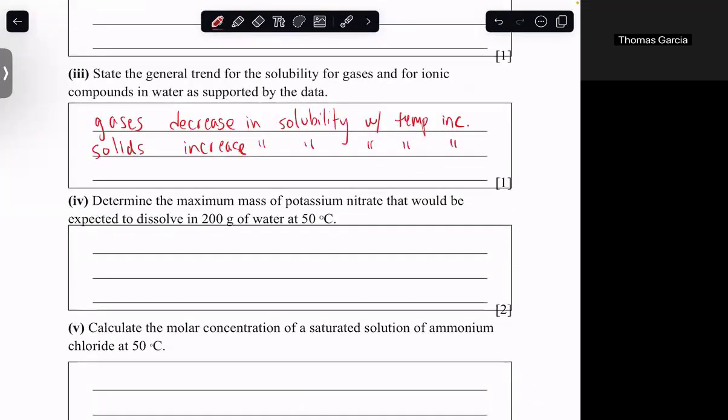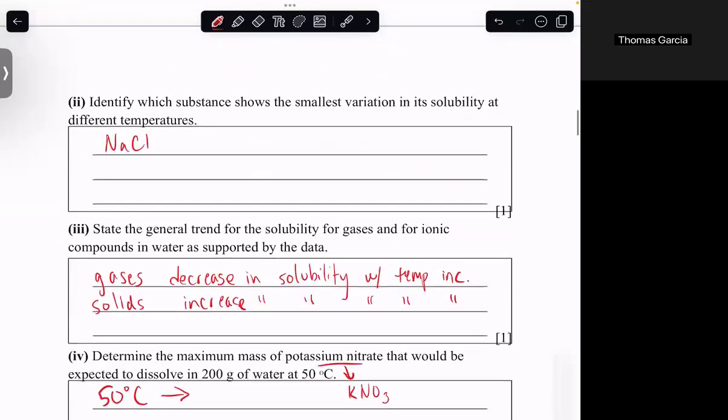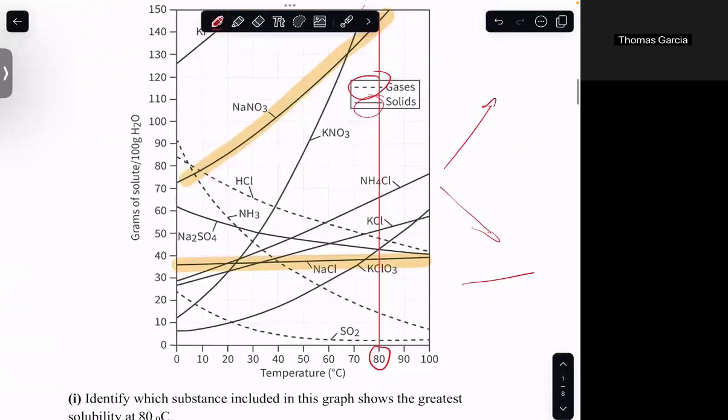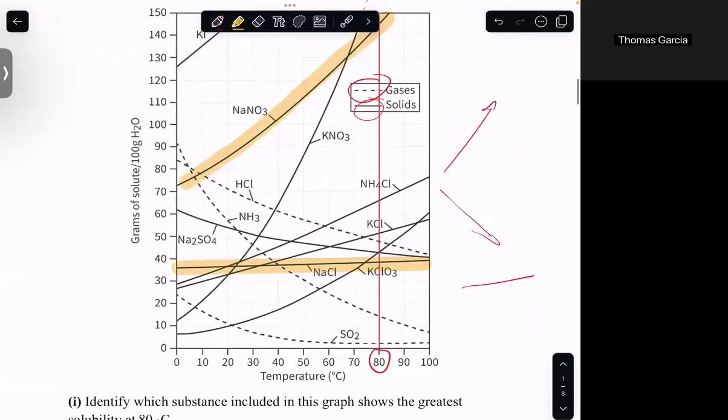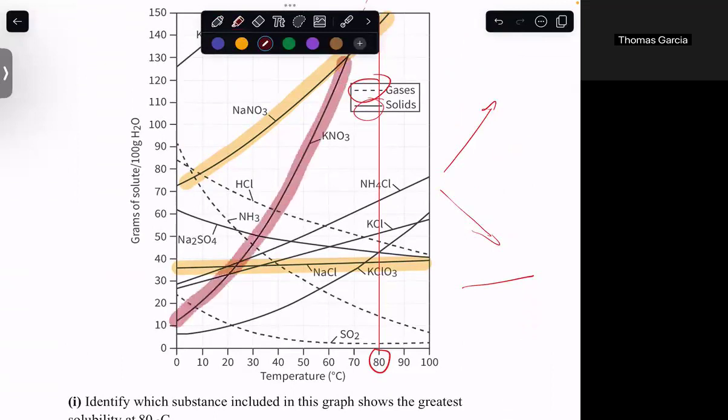Determine the maximum mass of potassium nitrate that would be expected to dissolve in 200 grams of water at 50 degrees Celsius. So at 50 degrees Celsius, potassium nitrate, which we have to remember is KNO3, let's follow that line, highlight it in red, and we'll go to 50.